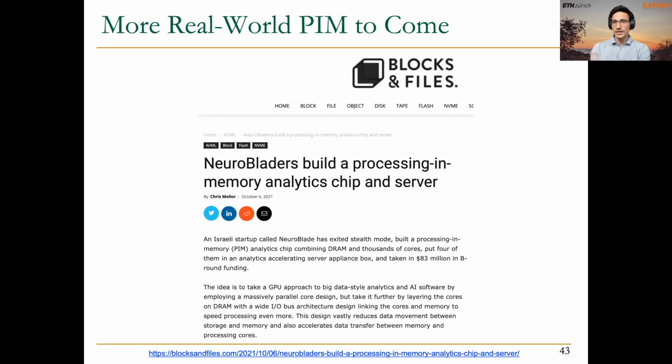A different one that we cannot cover in detail is NeuroBlade, which an Israeli startup is fabricating and commercializing. This startup is fabricating chips that combine DRAM and thousands of cores.